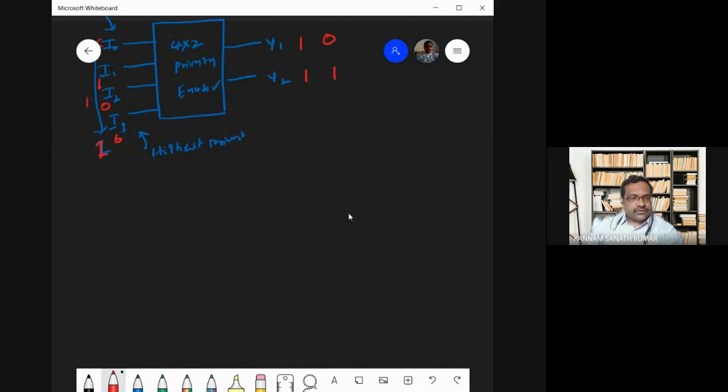Here you have four inputs, I3, I2, I1, and I0, and two outputs, Y1 and Y0. Suppose all the inputs are zero, then you are getting don't care.